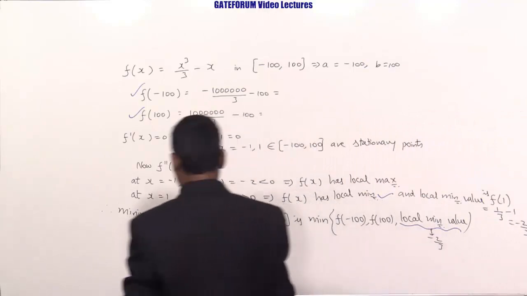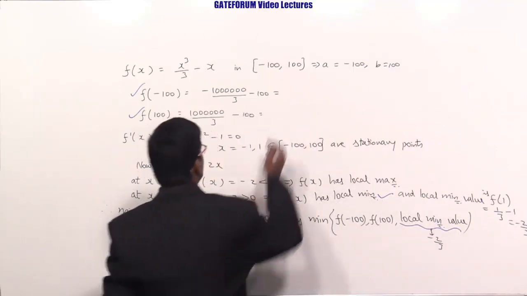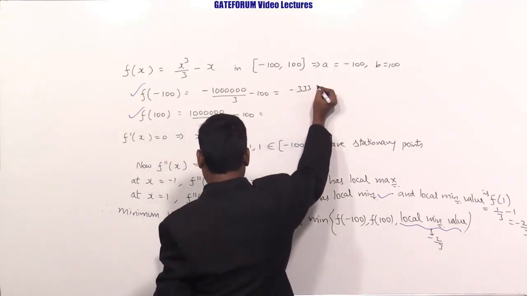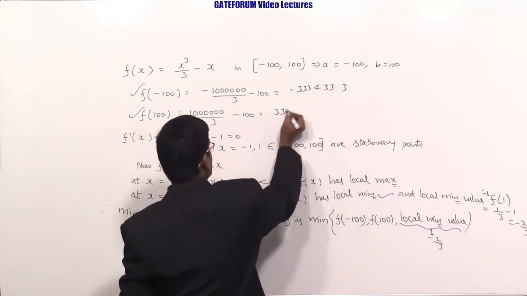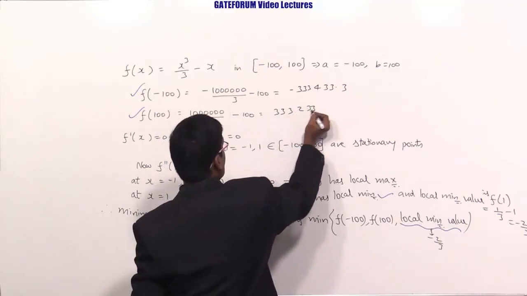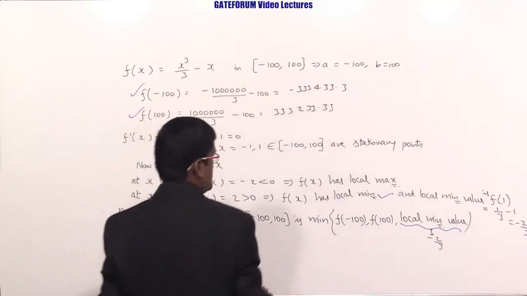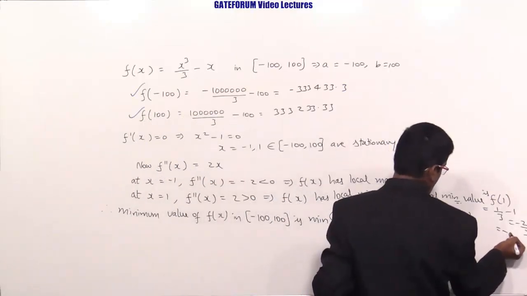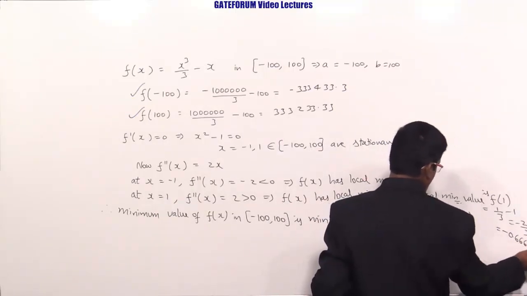In this case f of minus 100 simplifies to minus 333,433.33 and f of 100 is plus 333,233.33, and minus 2 by 3 is nothing but minus 0.6 continuing, that means 0.667 you can write.